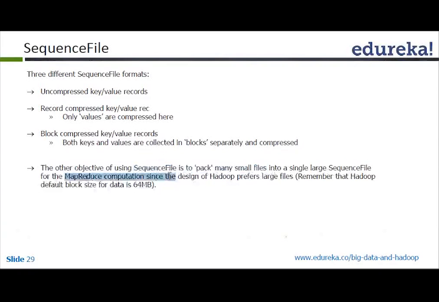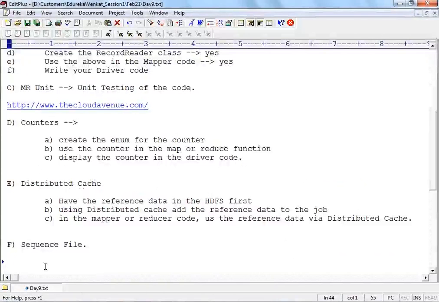So sequence file for MapReduce computation is there because Hadoop prefers large files. Okay, it is 64 MB and 128 MB. So if you have got small files of, let's say, 200 files of 1 MB each versus one file of 200 MB, Hadoop prefers one file of 200 MB and not 200 files of 1 MB each, right? So these are the two benefits of your sequence file. Let me document it.